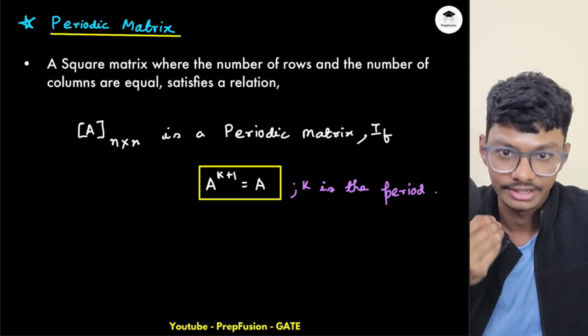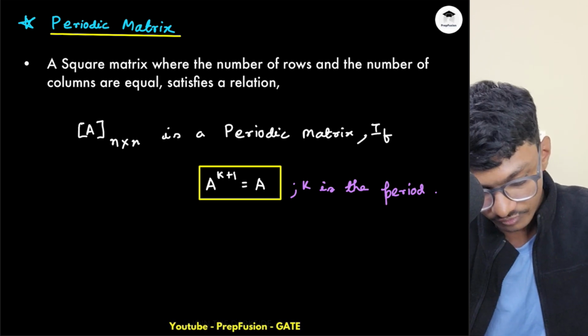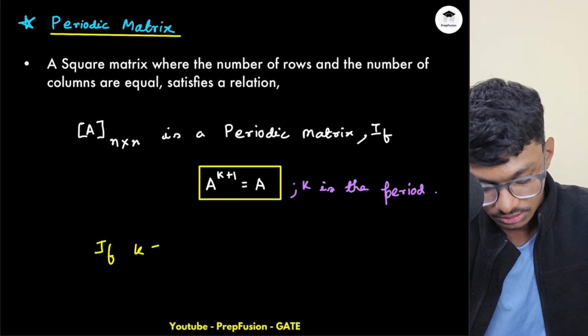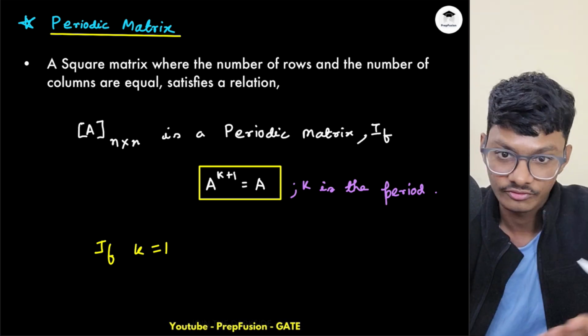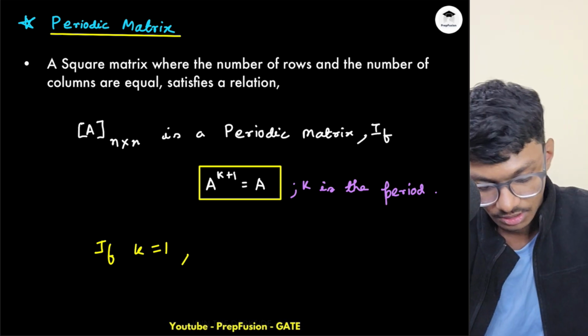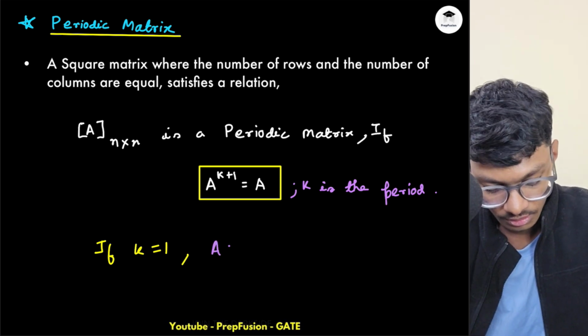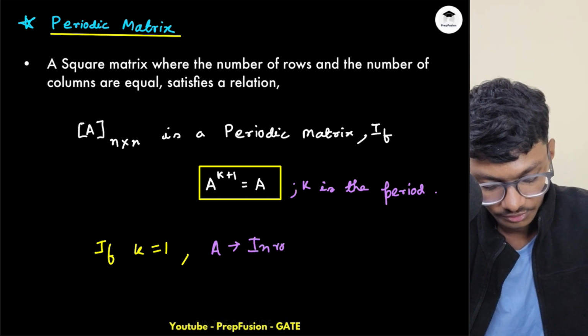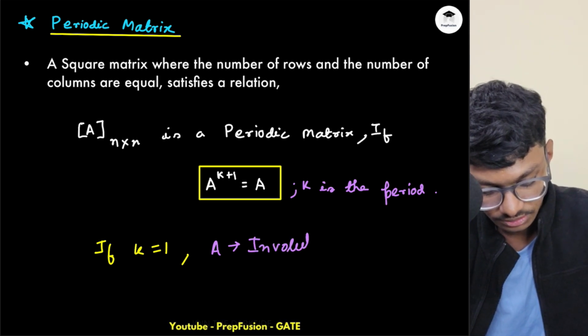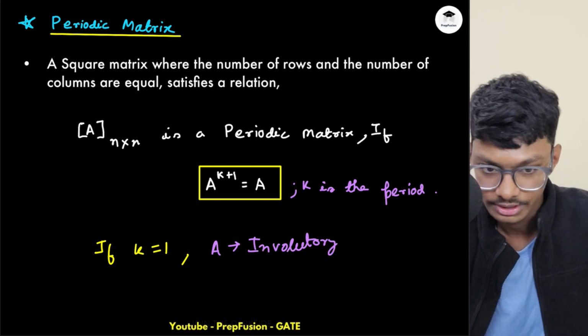Now if in this equation k equals 1, that means my A is also an idempotent matrix.